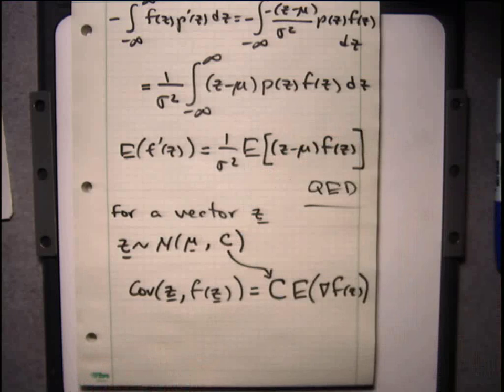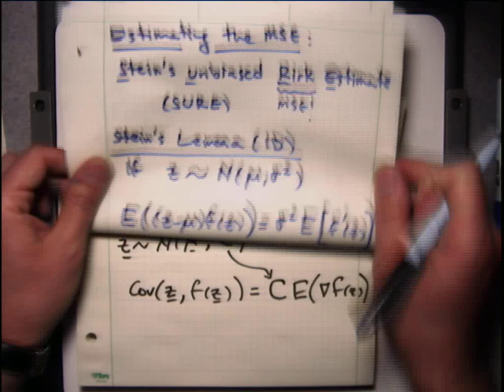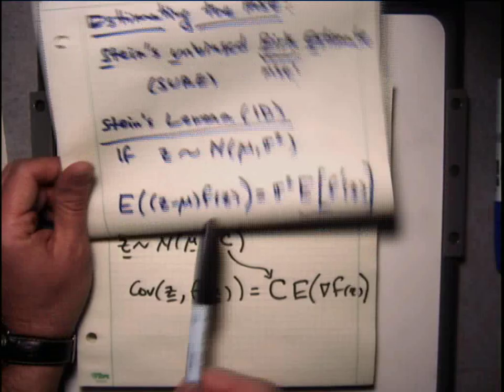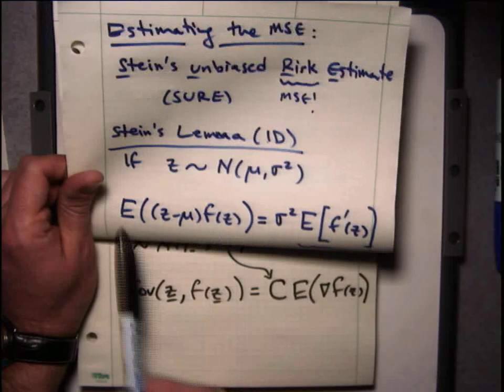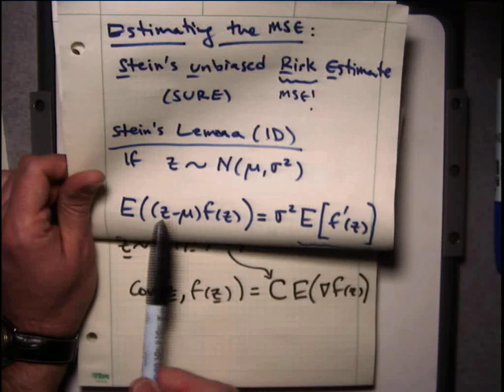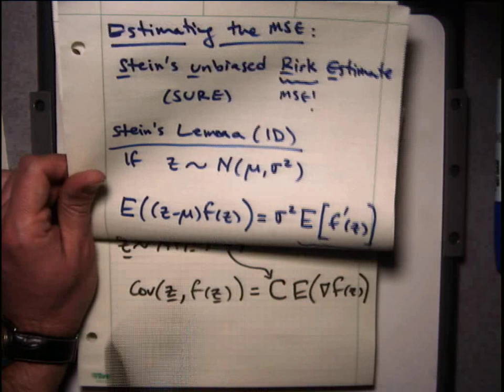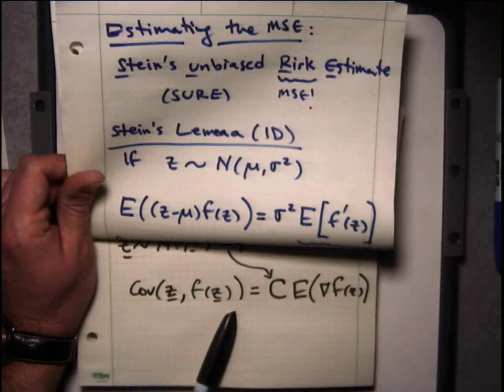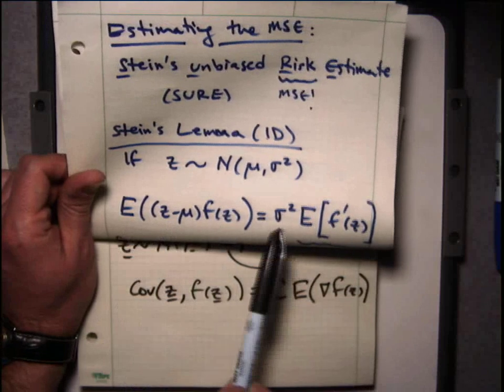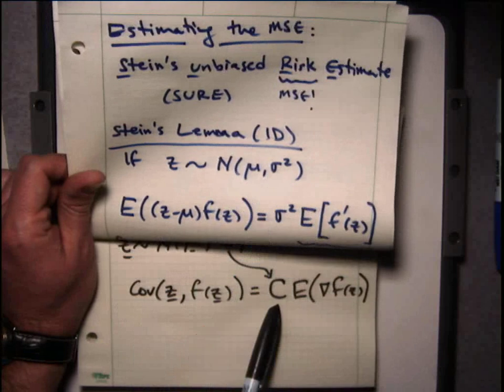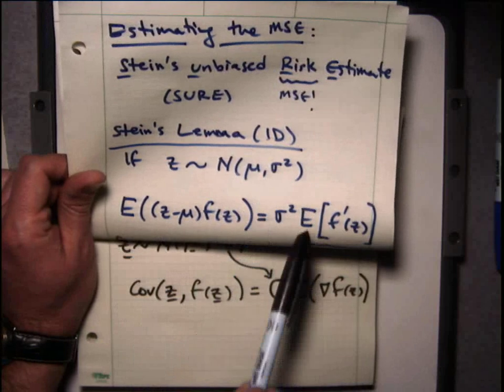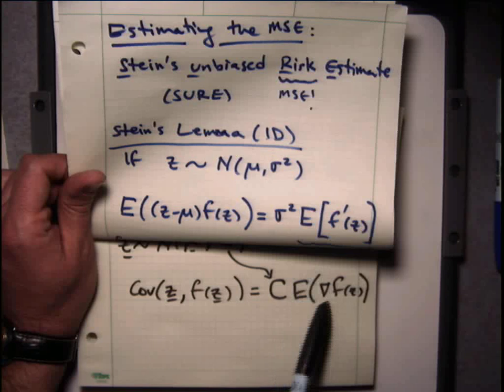Let me show you the scalar version so you can see how the two are related. Here's the scalar version: this is the covariance between z minus mu and f of z. On the left-hand side, sigma squared corresponds to the covariance matrix, and the expected value of the derivative corresponds to the expected value of the gradient.